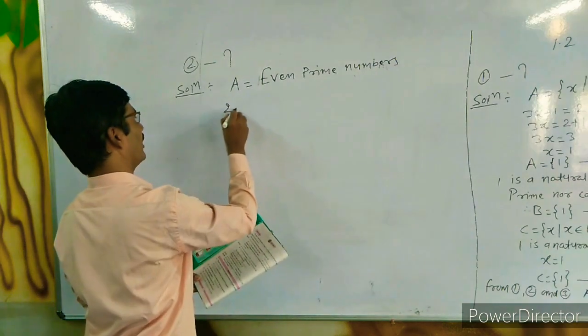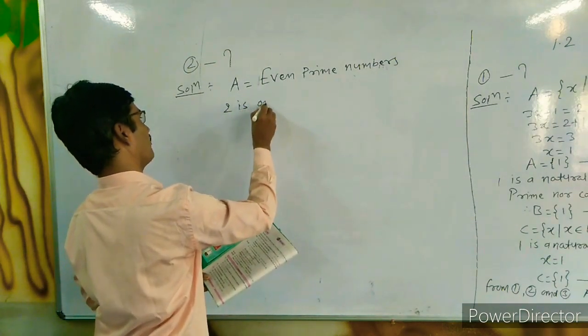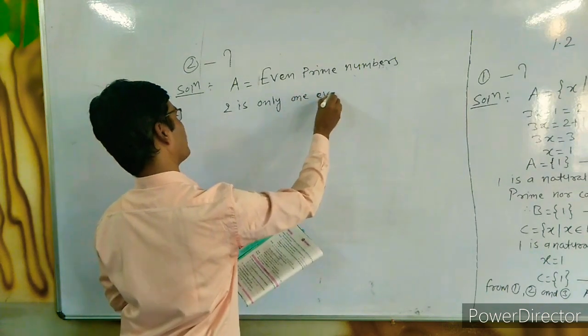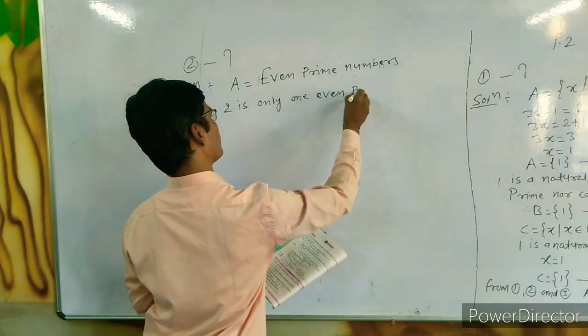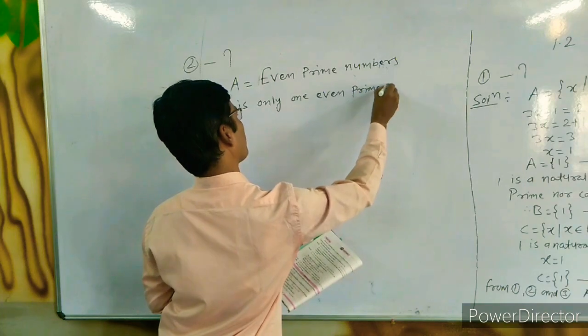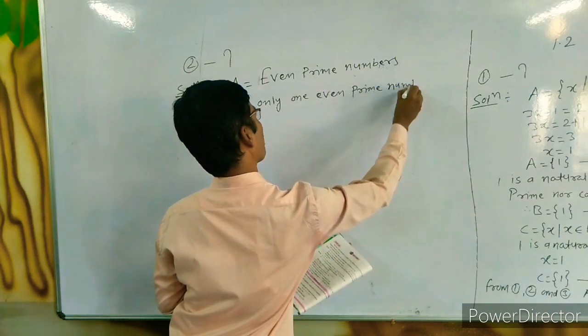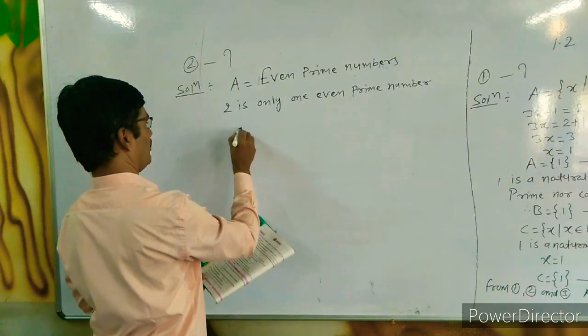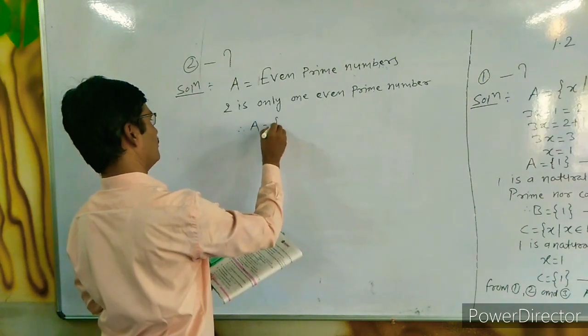Two is the only even prime number. Therefore, A equal to {2}.